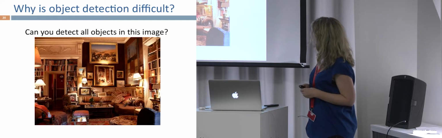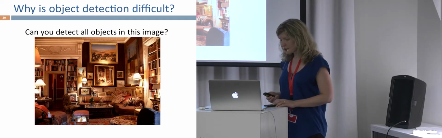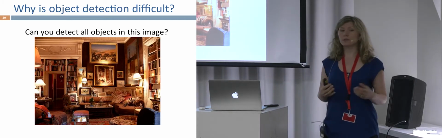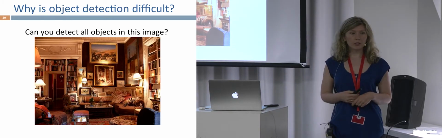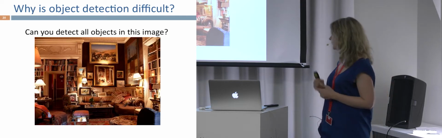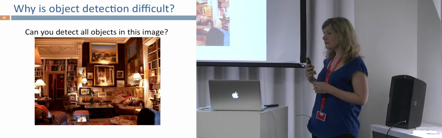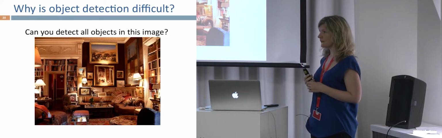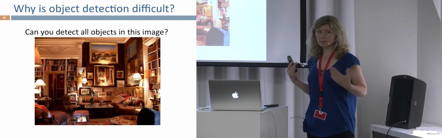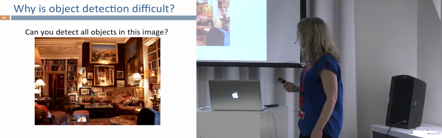Another reason why object detection is difficult is essentially the sheer number of different objects. So there could be up to 10 or 20 or 30,000 objects that we could be detecting. For example, can you find every object in this image? It probably would take even humans quite some time, especially if I clarify what I mean by object.